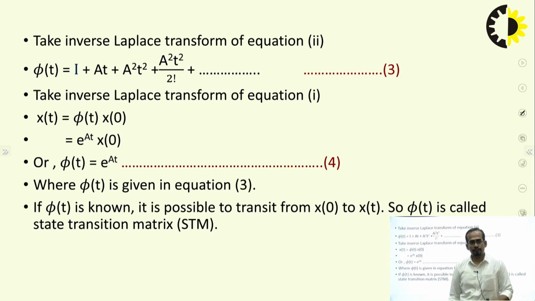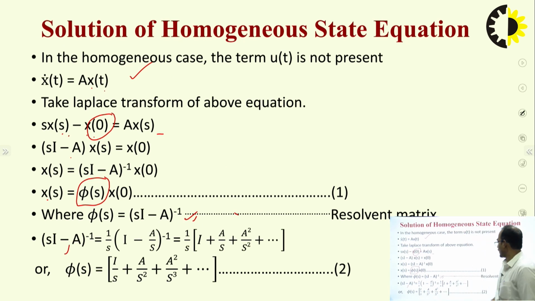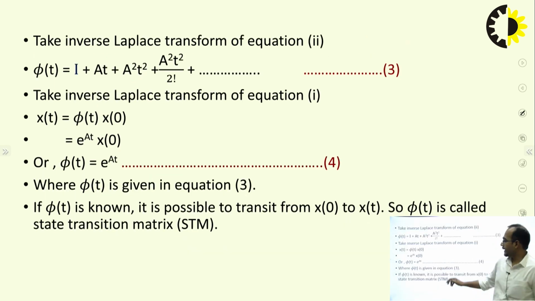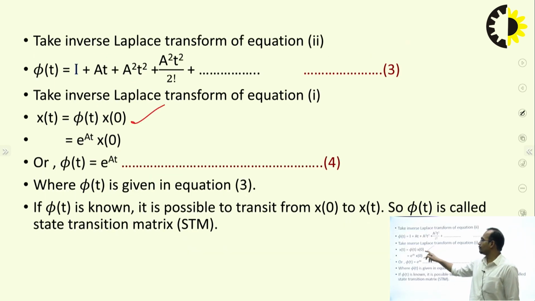So here we have to find the value of x(t). For finding the value of x(t), we have to take the inverse Laplace of equation 1. If I take the inverse Laplace of this equation, X(s) will become x(t), phi(s) will become phi(t), and x(0) will be as it is. So you can write here x(t) is equal to phi(t) into x(0).